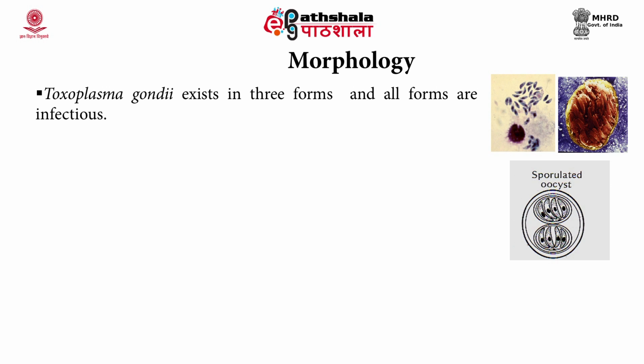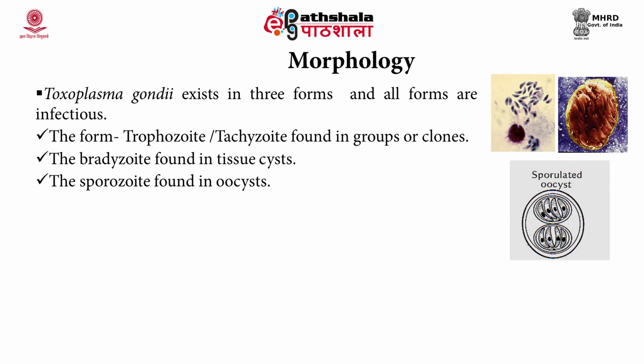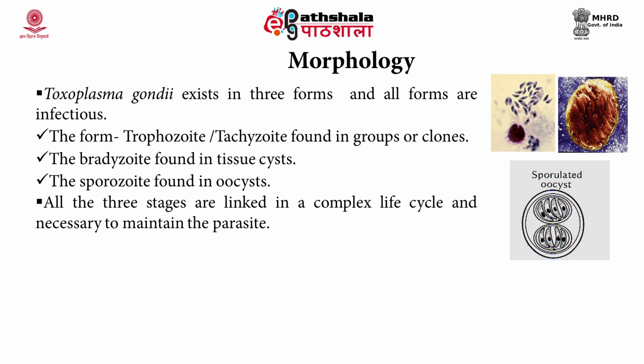Toxoplasma gondii exists in three forms, and all forms are infectious. The Trophozoite or Tachyzoite is found in groups or clones, the Bradyzoite is found in tissue cysts, and the Sporozoite is found in oocysts. All three stages are linked in a complex life cycle and are necessary to maintain the parasite.